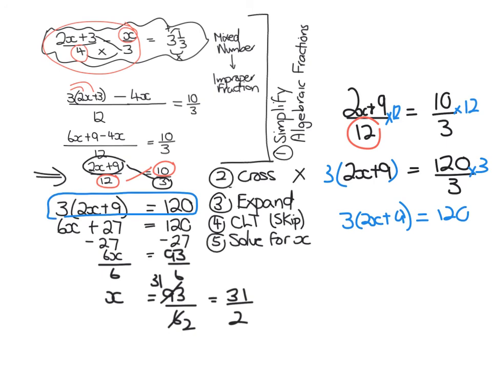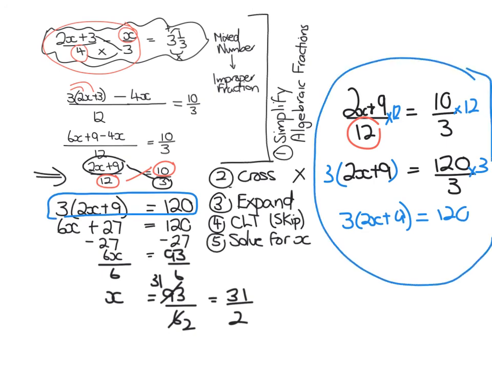Now, in this scenario, it probably wasn't that useful to do our cross multiplication, but if you've ever got a variable up the top there, sometimes it is quite useful to know that it actually works, that you can just cross multiply and then follow the process, and it does work. If you want to do it another way though, that's fine. Alrighty, so hopefully that gives you some idea how you can solve linear equations that involve algebraic fractions.